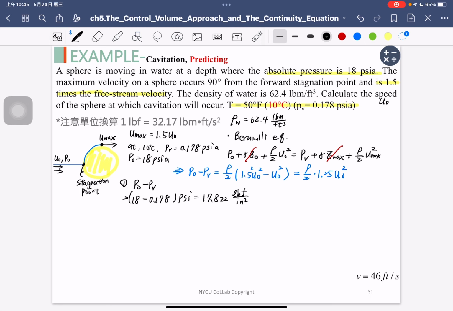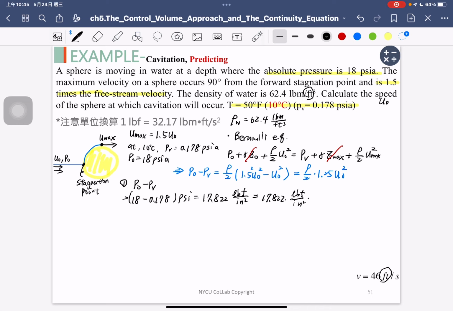So, as you can see, all the units are in FT, and the final answer is also in FT. So we should convert the inch square to the FT square. So we have 17.822, and we know that 1 FT will equal 12 inch.